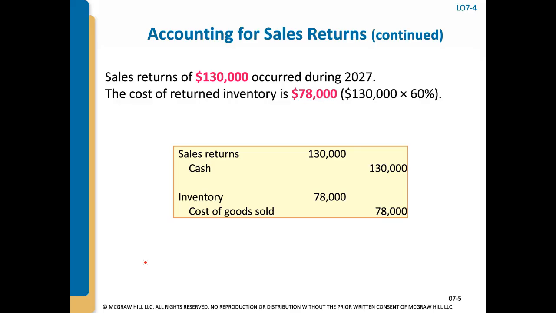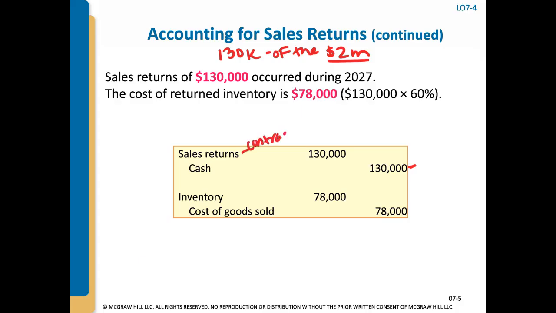Now, also during 2027, of that $2 million, $130,000 was returned during the year. Okay, for cash. And because we sold it for cash, we're going to give our customers back cash for $130,000. And then we have this account called sales returns.